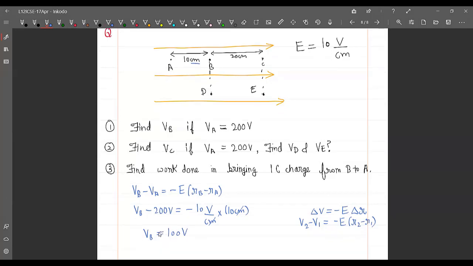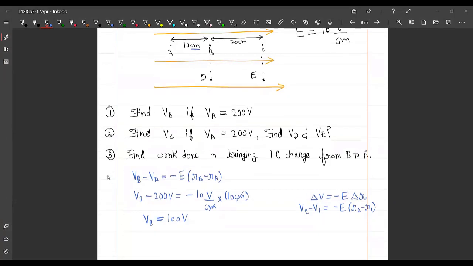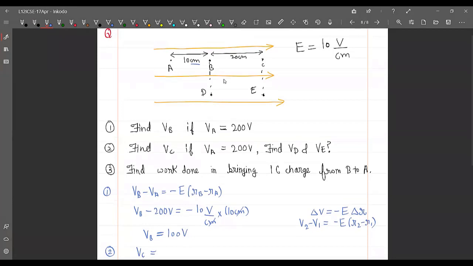Okay. Similarly, calculate potential at point C. Harshit, have we calculated the potential at point C? Yes, sir, 500. See, it should be decreasing.